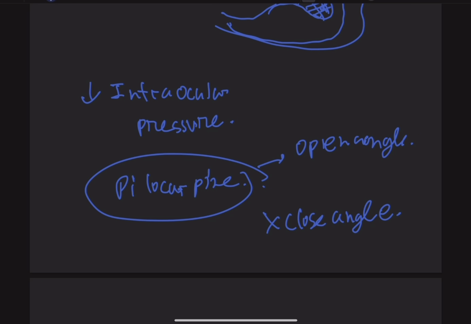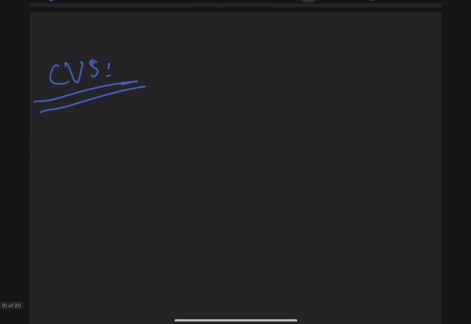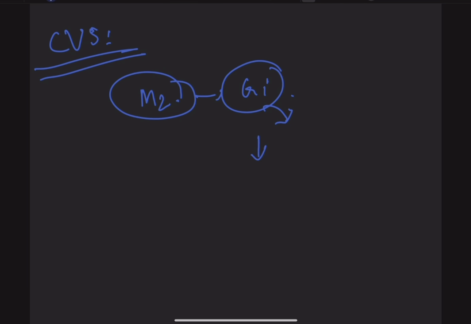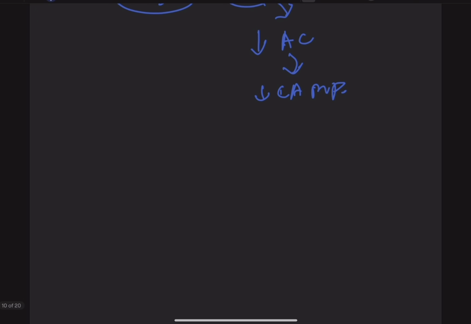Okay. Then let's see their effect in the cardiovascular system. In the cardiovascular system, we have the M2 receptor, which is a Gi type of receptor, and this leads to a decrease in adenylyl cyclase, and this leads to a decrease in cyclic AMP.